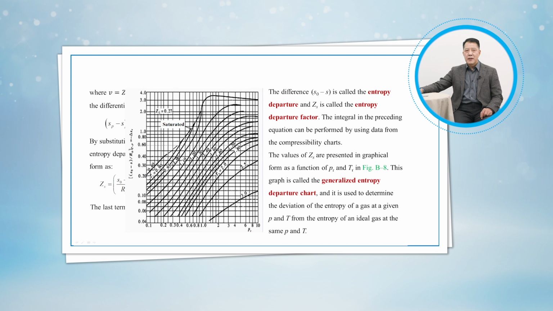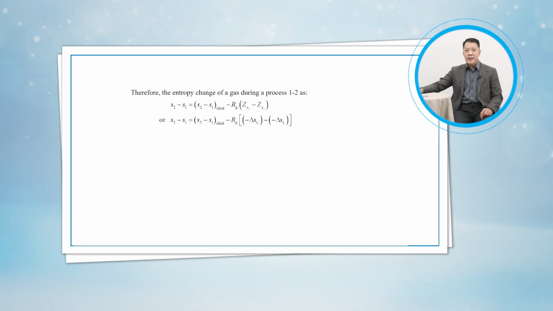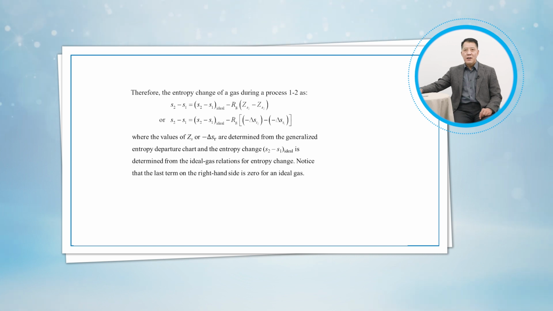This graph is called the generalized entropy departure chart, and it is used to determine the deviation of the entropy of a gas at a given P and T from the entropy of an ideal gas at the same P and T. Therefore, the entropy change of a gas during a process 1 to 2 is given by this relation, where the values of Z_s, or s* minus s, are determined from the generalized entropy departure chart, and the entropy change s2 minus s1 ideal is determined from the ideal gas relations for entropy change.